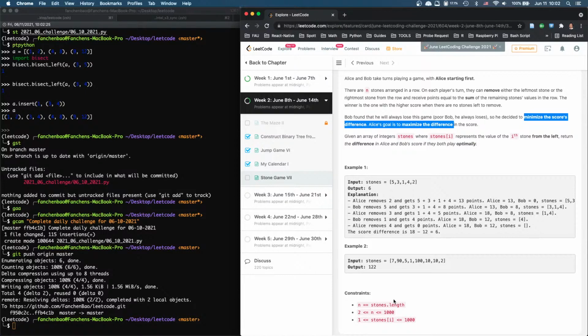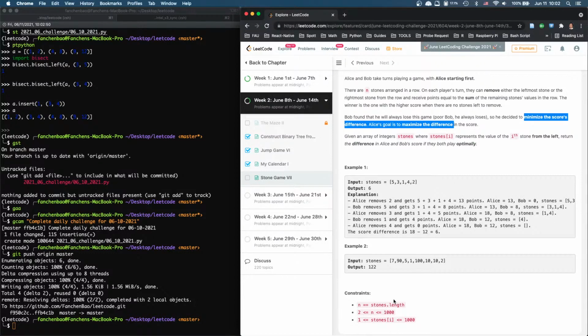So I think optimal is, let's say the other player always plays optimally. You play some certain way, and you have a result, and you change your play, and the result is better. That means your previous play is not optimal, right? Because here Bob is always playing optimally.